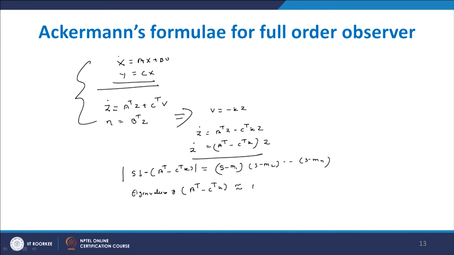We will get A minus K transpose into C. It means that sI minus A transpose minus C transpose K is equal to sI minus A minus K transpose into C.